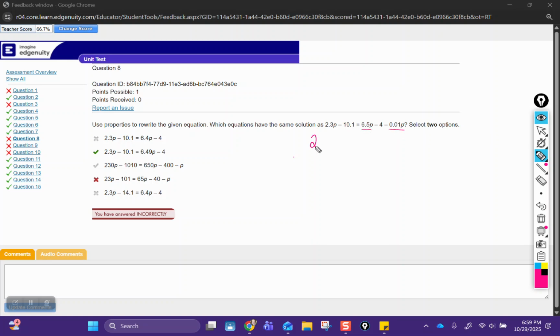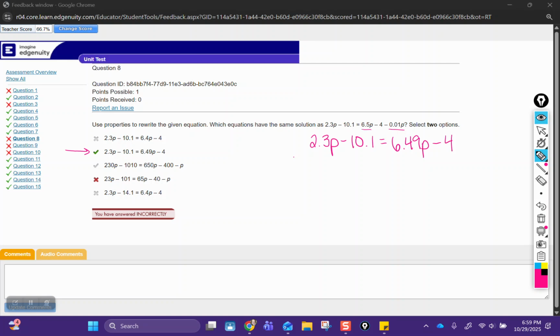Those are like terms. So if I don't mess with the left-hand side, but I combine like terms on the right-hand side, I'm subtracting 0.01p from 6.5p. I get 6.49p, and then I bring down the minus 4. So you can see that's that answer choice that you did select there.